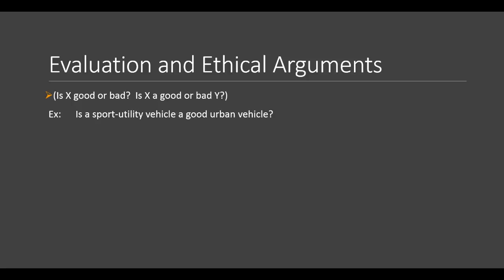The general strategy for evaluation arguments uses criteria match arguing similar to that used by definitional arguments. You first establish your criteria for good and then show how your first term does or does not meet that criteria.